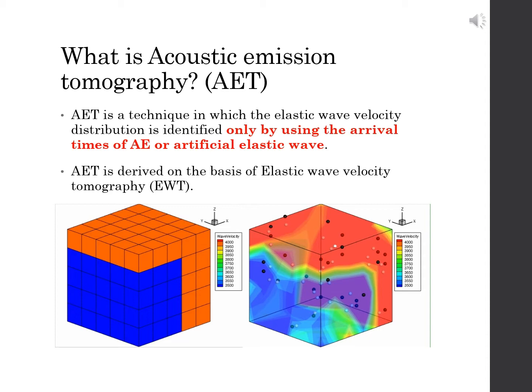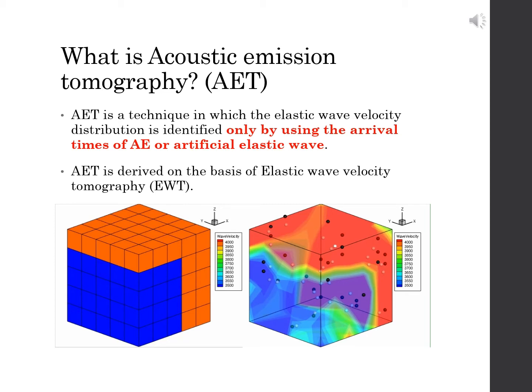In this slide, there is a movie that introduces a three-dimensional example of acoustic emission tomography. The left figure shows the reference elastic wave velocity distribution, which was used to calculate the arrival time at the sensor receivers. And the right figure shows how the elastic wave velocity distribution is identified in AET.